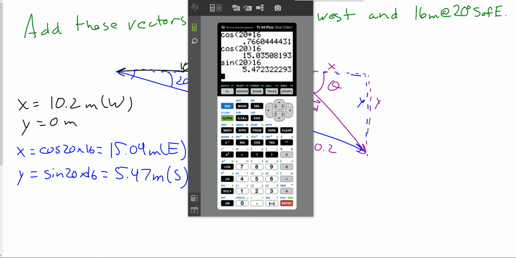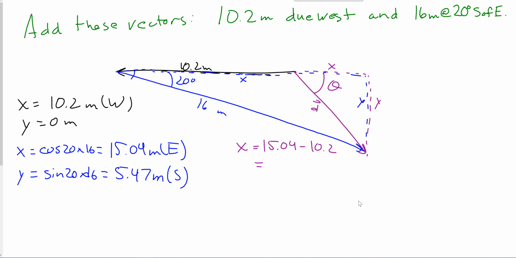Using all of my decimals, that is 4.835 meters east, because we went further east than we went west. Everyone okay with that so far?